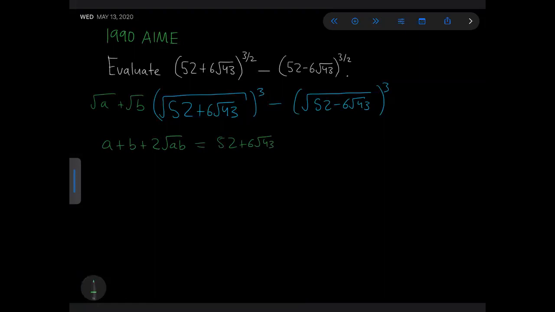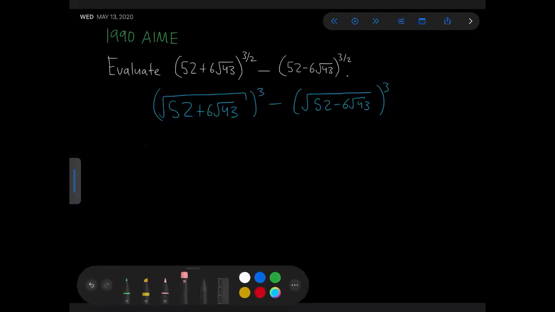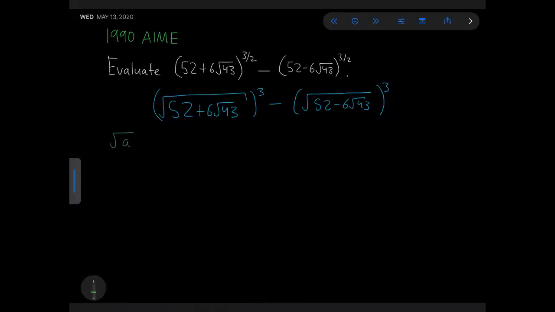We can actually do a little bit better. 43 is prime. One of these has to be 43 or more, right? So we can write our square root a plus square root b as square root a plus b square root 43.